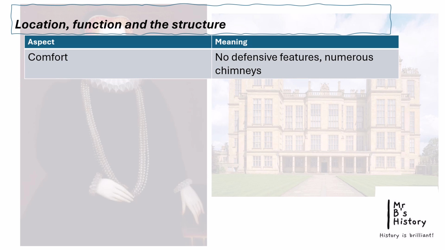But what you see in the Elizabethan period is the fact that rich nobles are now building houses without any defensive features, because the time of Elizabethan England is largely a time of peace. Okay, you don't tend to have huge windows, chimneys, no ditches, no moats, no drawbridges if it's an unstable time. So it demonstrates comfort and peace.